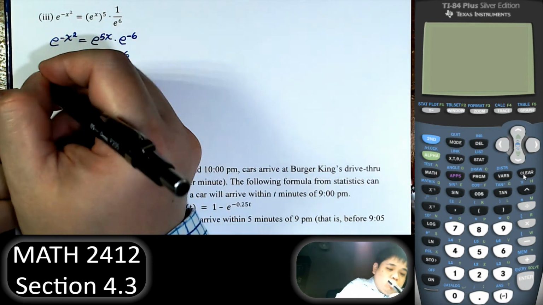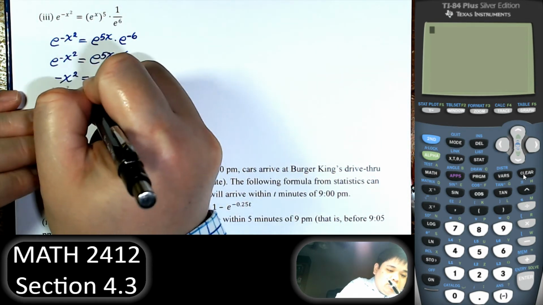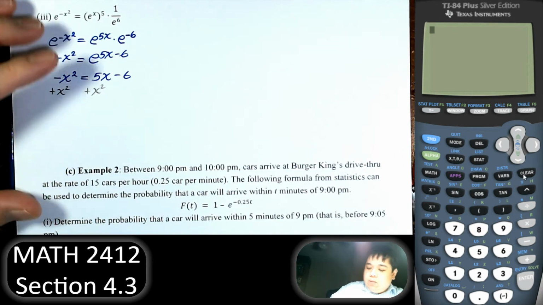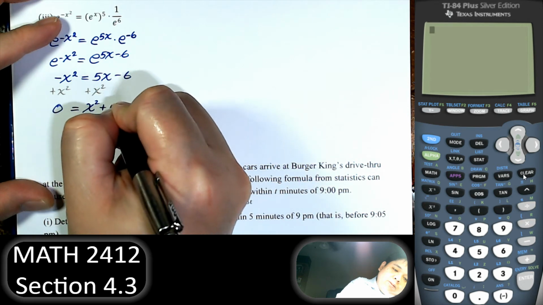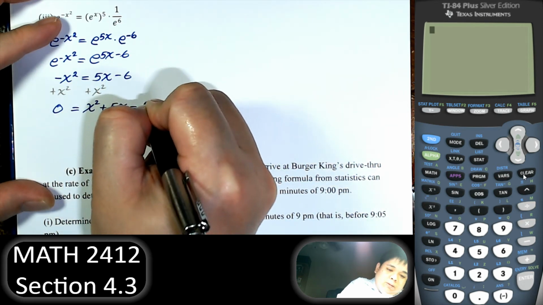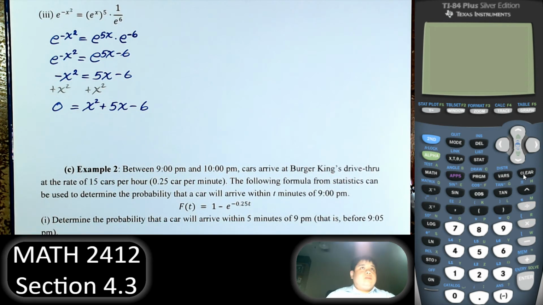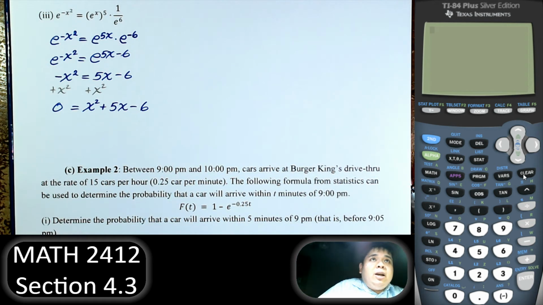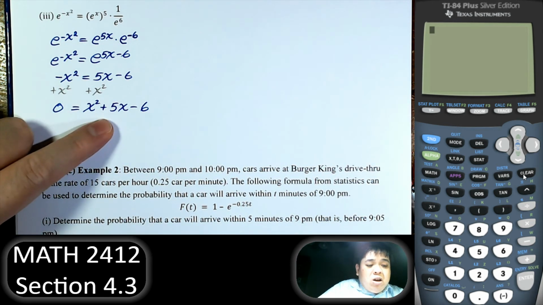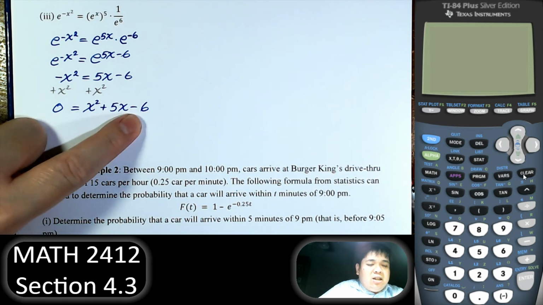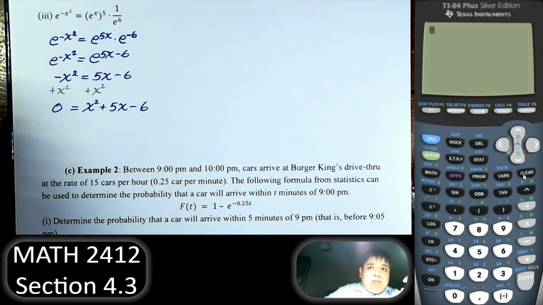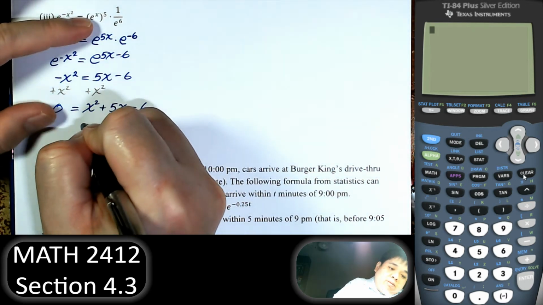So here, let's just move everything to one side. Right. Now, x squared plus 5x minus 6 looks like we can factor. Since this is negative 6, one of them is negative, one of them is positive.